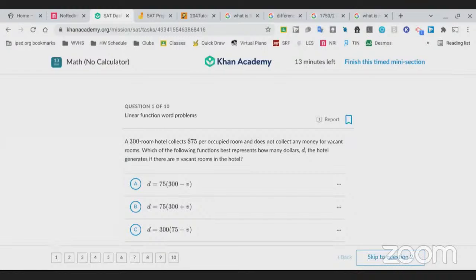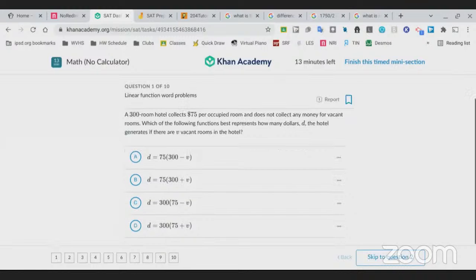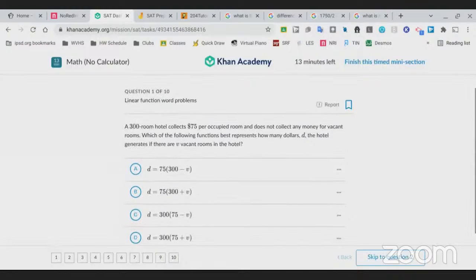I feel like it would probably be either A or C. Which one do you think it is between A or C? I think C. It's A.